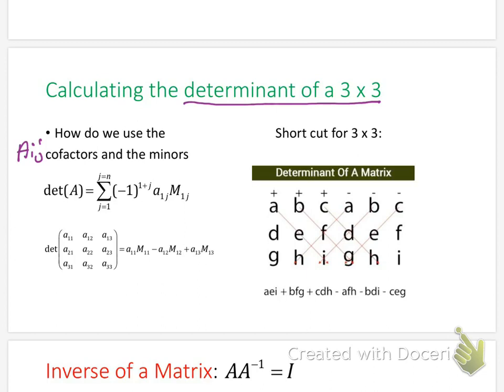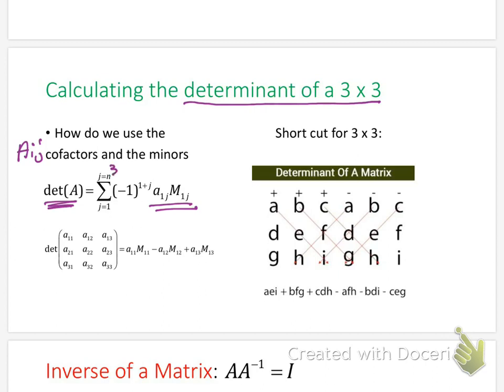To get the determinant of A, I'm going to take the sum of these products from 1 to n, where n is the size of your matrix. So if your matrix is 3 by 3, then j goes up to 3.